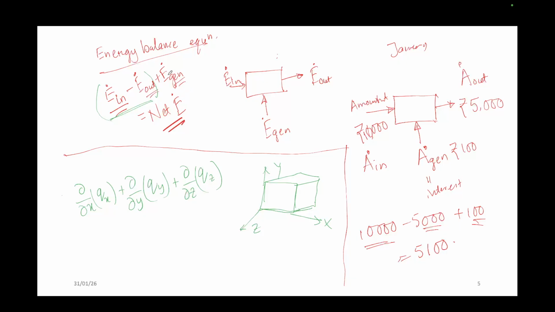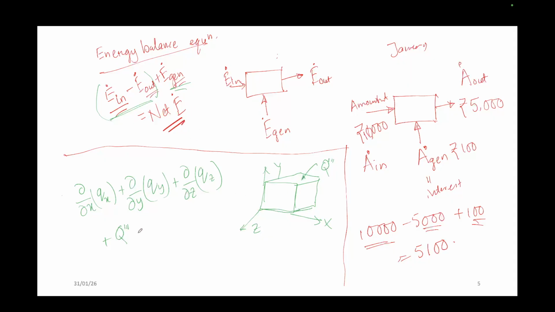Okay, plus the energy generation term is there, so I represent this energy generation term as capital Q triple dash. So this is your energy generation. That means the energy coming from outside into the system, like the interest I was talking about in the case of the money balance, plus your net energy.